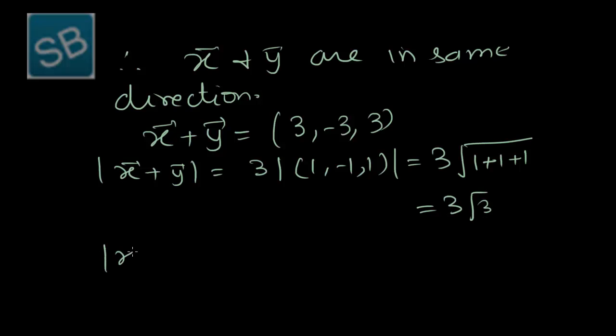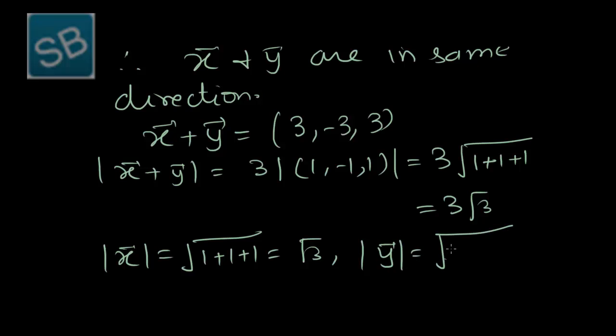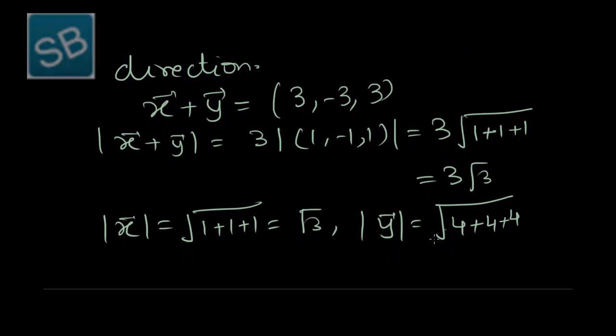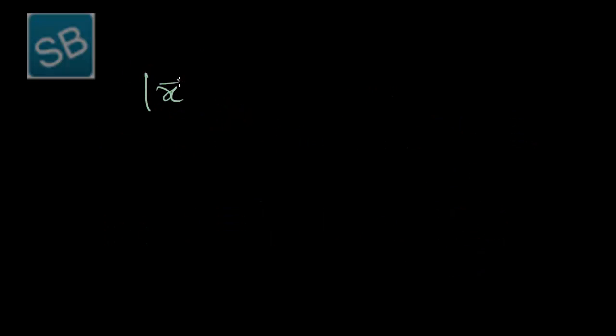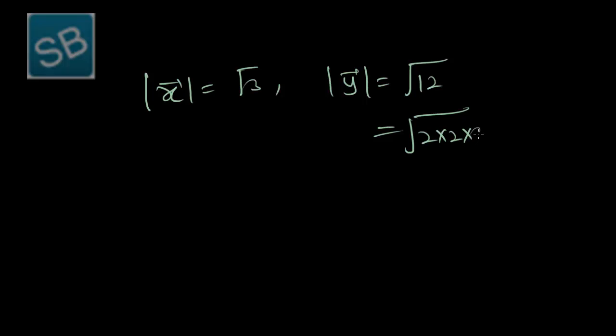Now we will find the modulus value of vector x, that is under root 1 square plus minus 1 square plus 1 square, that is under root 3, and the modulus value of vector y is under root of 2 square plus minus 2 square, again 4, plus 2 square, again 4, that is under root 12, that is 2 under root 3.